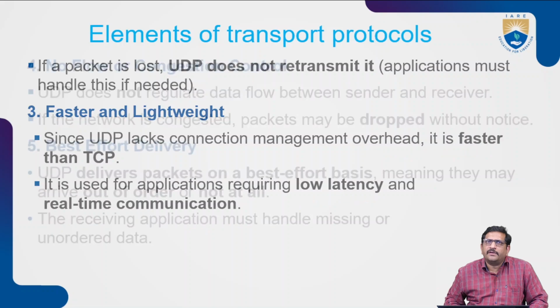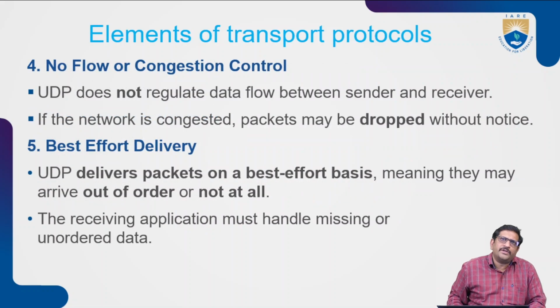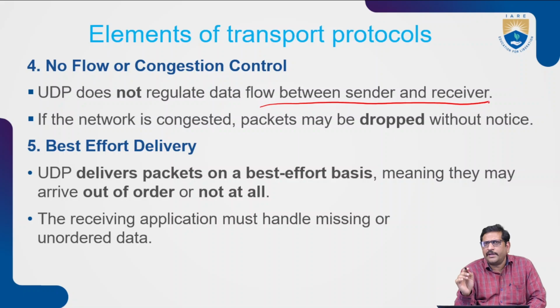There is no flow or congestion control. UDP does not regulate the data flow between the sender and receiver. The data transmission is not fixed, so irregular data transmissions can happen between the client and server.